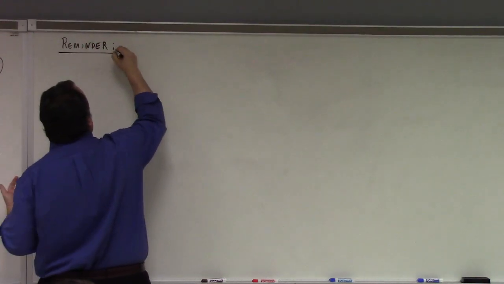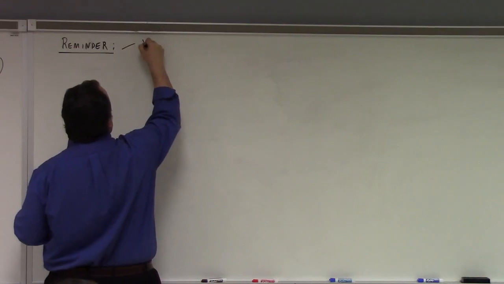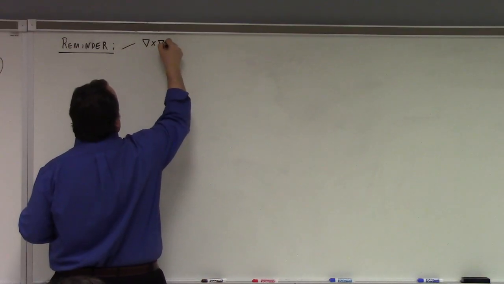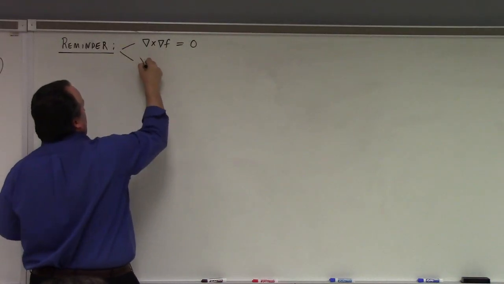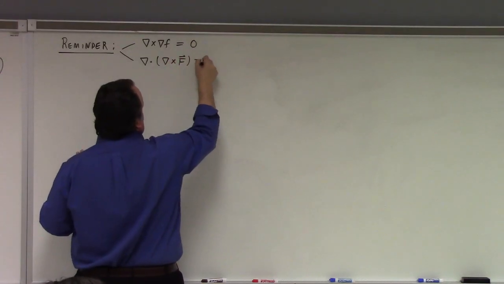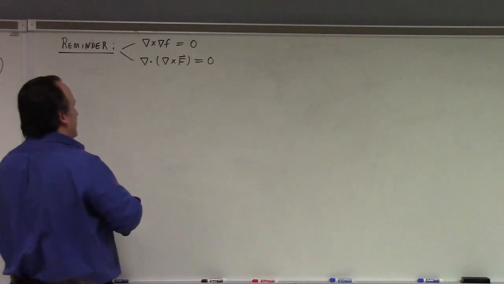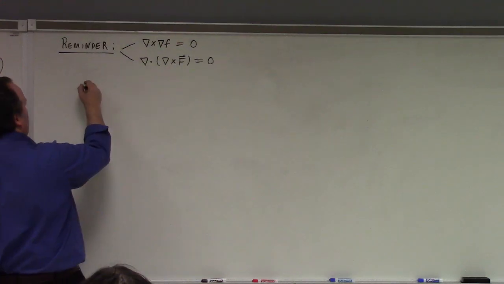We had two easy ones to remember. The curl of the gradient is 0. And we also learned that the divergence of the curl is 0. There was a third, more complicated, curl of the curl that we used to derive the wave equation for light from Maxwell's equations, but that doesn't matter. There's homework at the moment. So these are helpful to keep in mind.